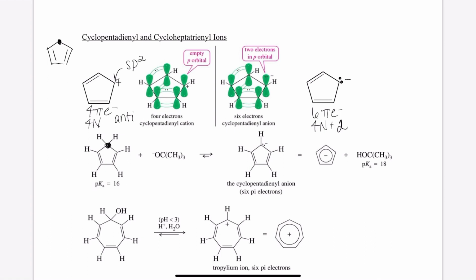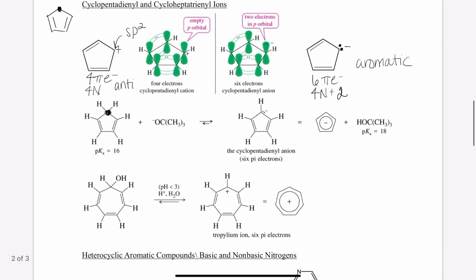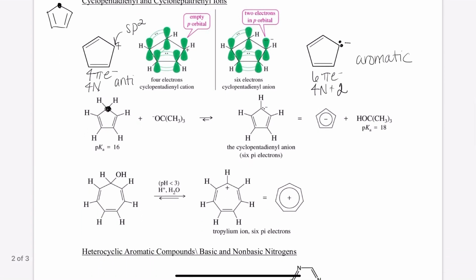So the cyclopentadienyl anion is actually going to be an aromatic compound. And so essentially that is what this picture is explaining right here. If we were to deprotonate our cyclopentadiene and get the cyclopentadienyl anion, we now have 6 pi electrons because we have 2 electrons in our p orbital, making it an aromatic compound.